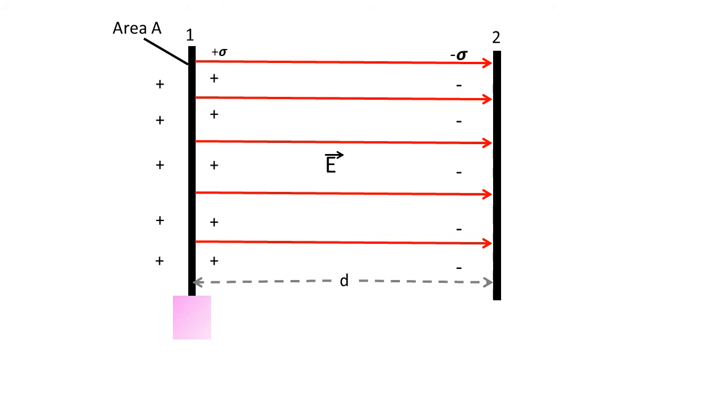Now we will understand parallel plate capacitor. It's a construction. It consists of two thin parallel sheets which are conducting, each having its area A, and first plate is having uniform charge density plus sigma and the second plate is having uniform surface charge density minus sigma. These two plates are separated by distance small d. Electric field is shown in this diagram in between the plates of this capacitor.